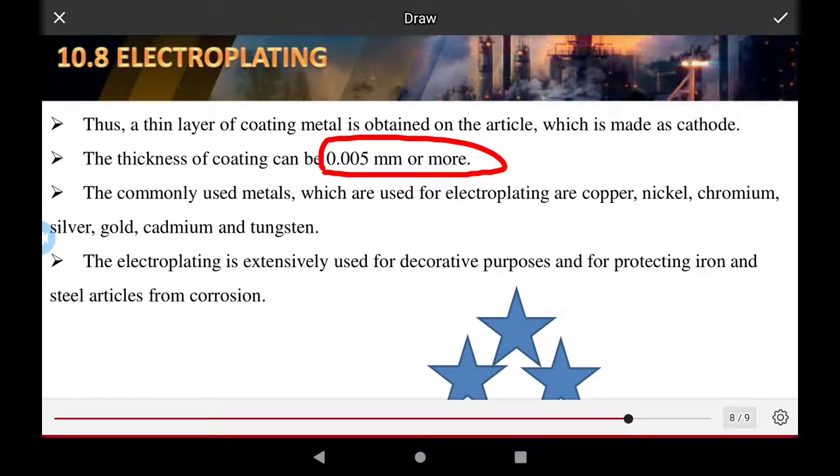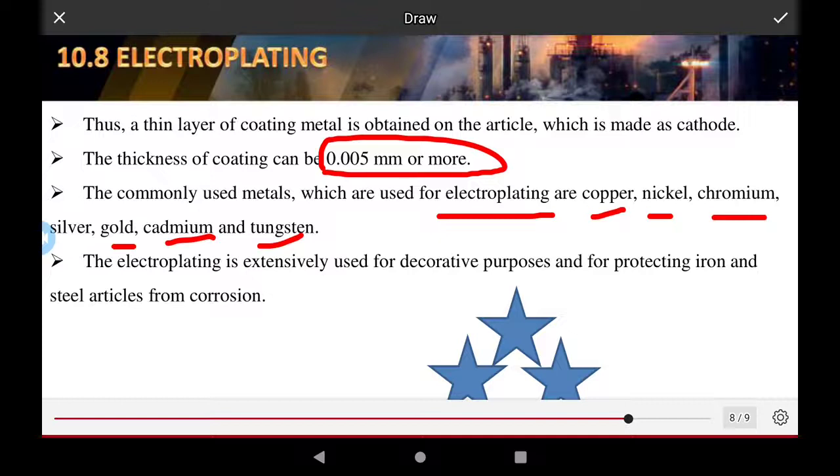The commonly used metals for electroplating are copper, nickel, chromium, silver, gold, cadmium, and tungsten. The solution of the liquid metal is required for plating ferrous and non-ferrous metals, and surface polishing is required because of the porosity of the surface.